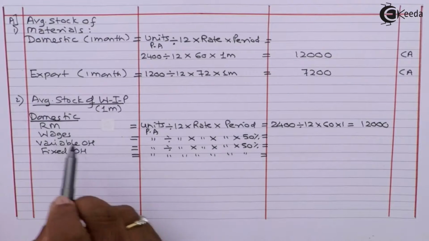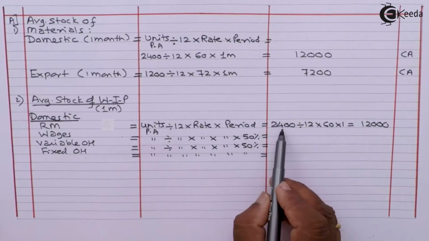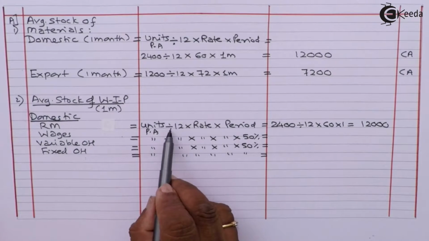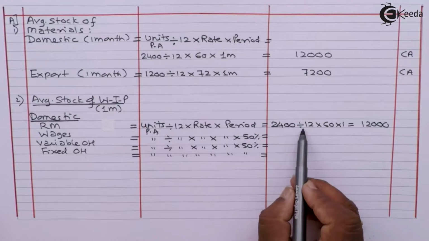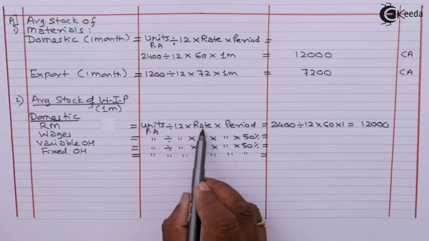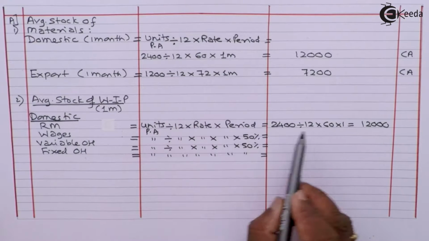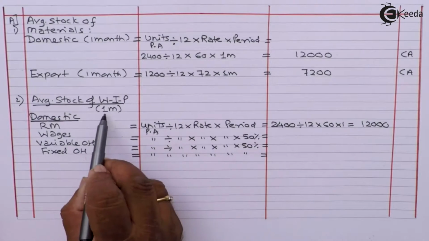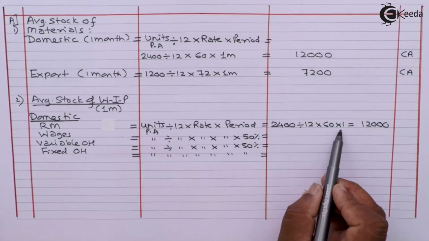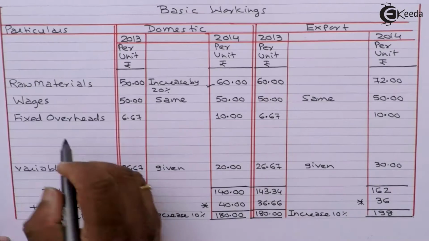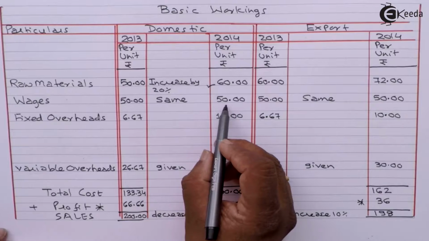In case of raw material, units per annum 2400 to get for month divided by 12 multiplied by rate per unit of raw material is 60 rupees multiplied by period of stock of work in progress 1 month, it comes to 12,000.